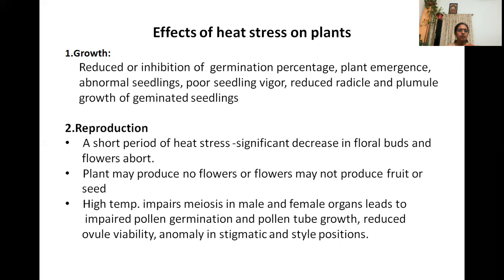And then high temperature. Why is this happening? Why is there no flower formation, or even if there is flower formation, there is no seed or fruit formation? Because this high temperature impairs male and female organs, especially the gynoecium and the androecium, and this leads to impaired pollen grain or impaired pollen germination and pollen tube growth, and then there will be reduced ovule viability and anomaly in stigmatic and style positions.